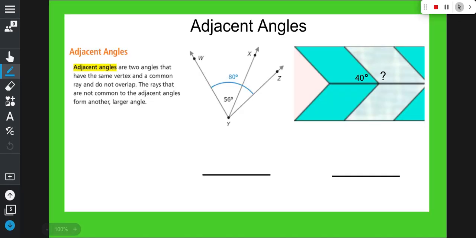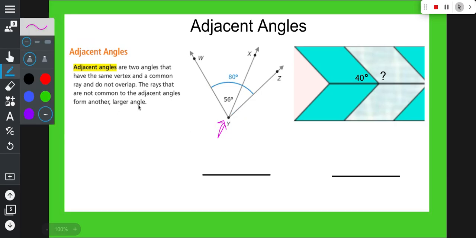The next concept is called adjacent angles. Adjacent angles are two angles that have the same vertex. So right here, they have the same vertex of Y. I'll move my arrow a little bit so you can see the Y. All right.